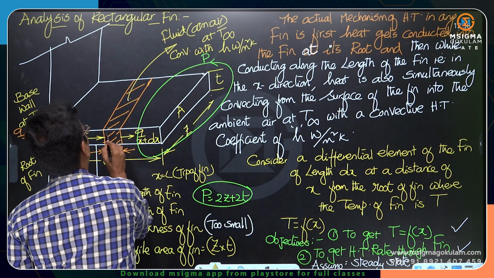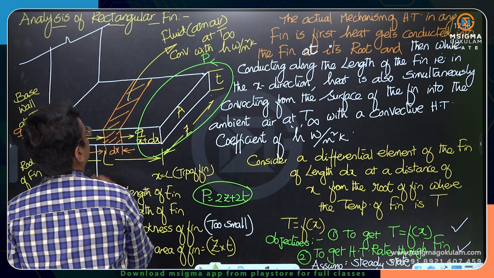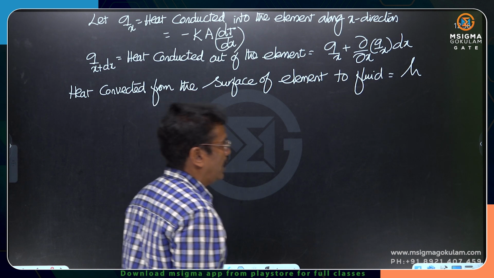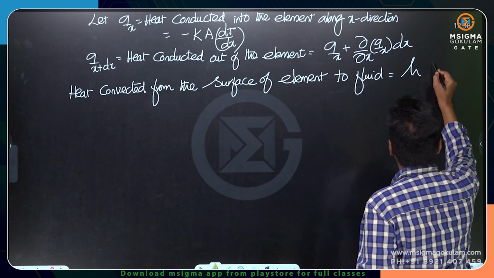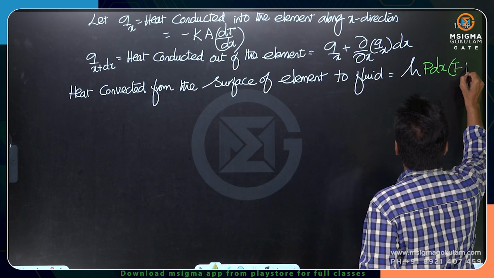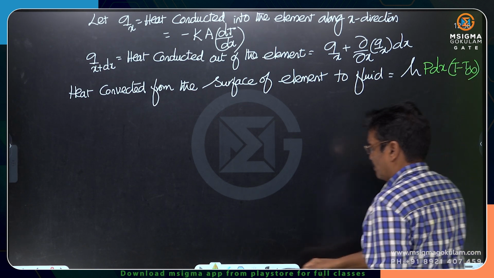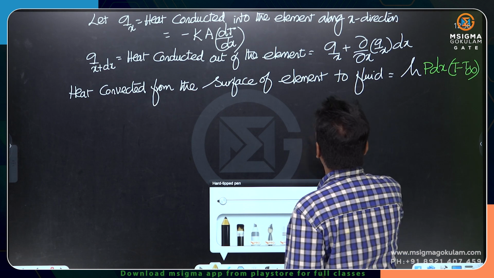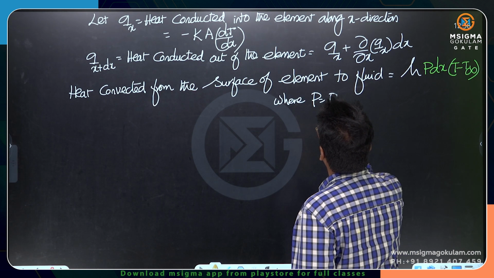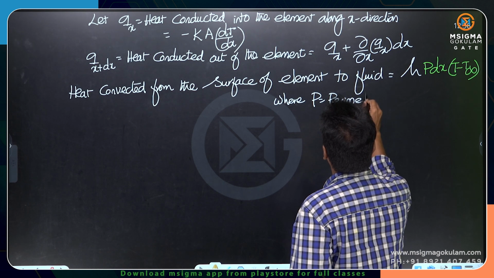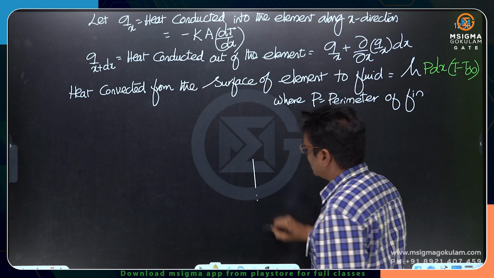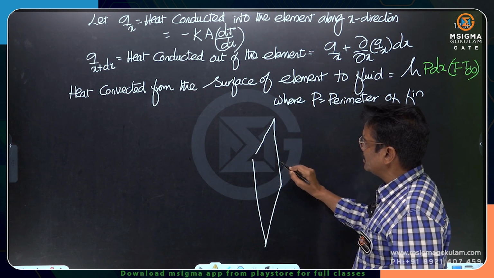So perimeter into this dx distance is the contact area, the convection area between the fluid and the surface of the element: hP dx into (T minus T infinity), where P is the perimeter of the fin. That could be understood more clearly if we consider the pin fin.